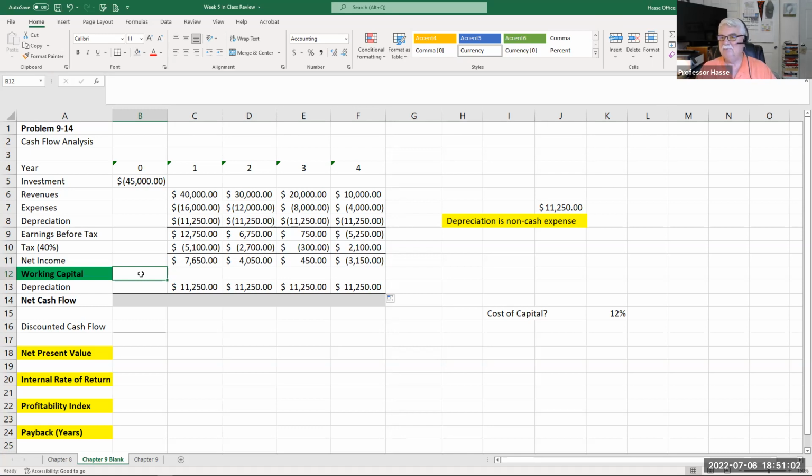That working capital will get replenished over time with the profits and the generation of return on that asset. But you have to put up front money to cover that until you get reimbursed. And that's what working capital is.